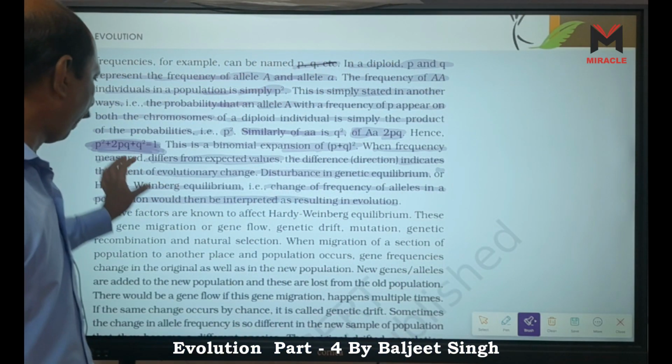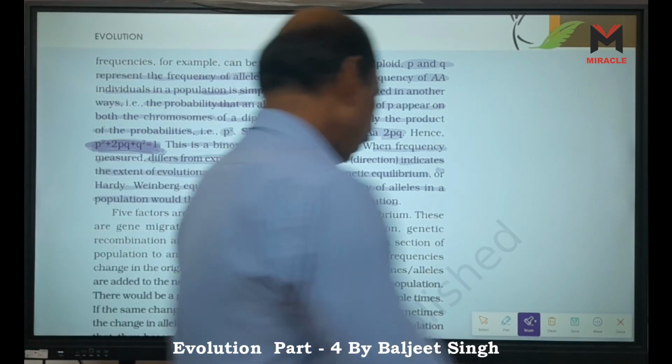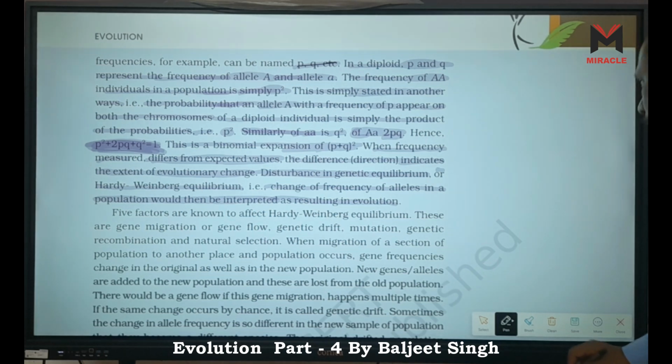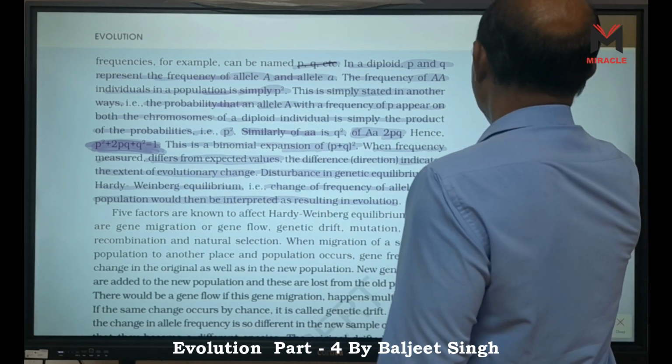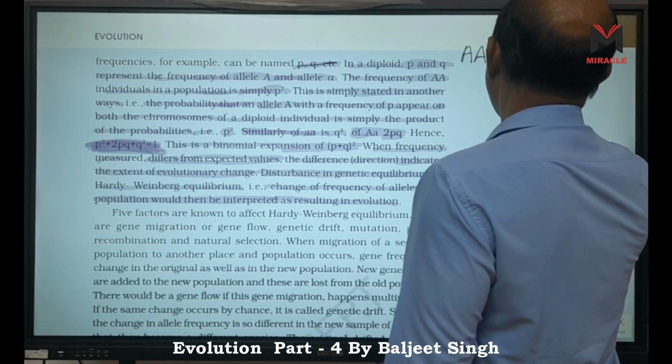When we do not find it equal to 1, then evolution is there. Simply, suppose it is given that A represents 0.6.